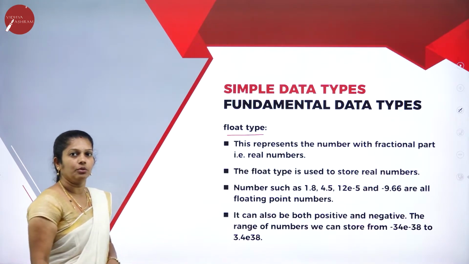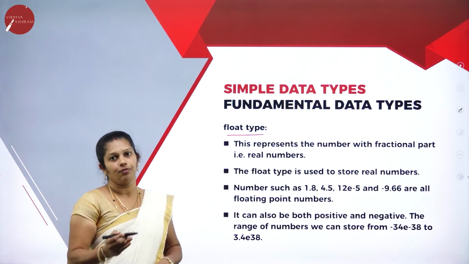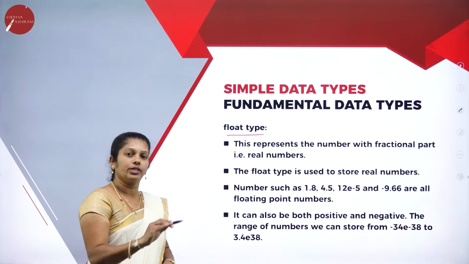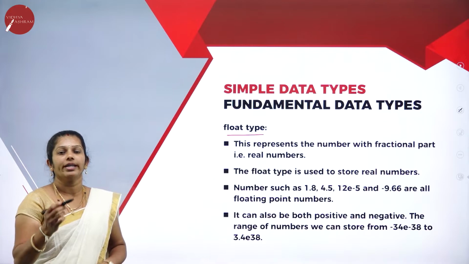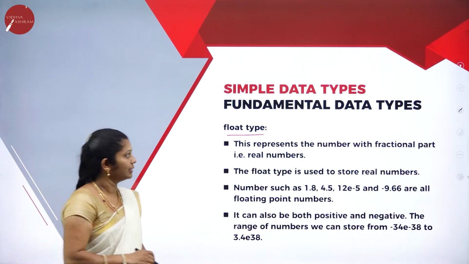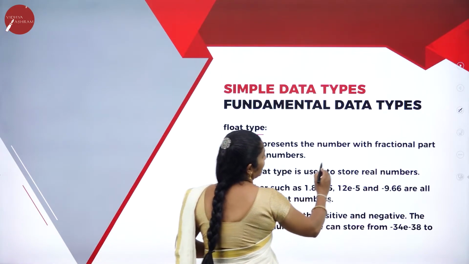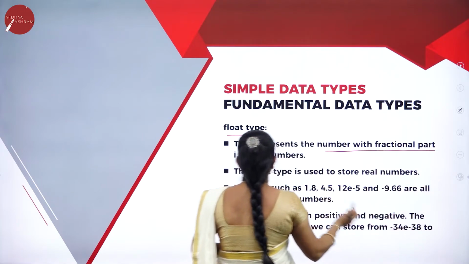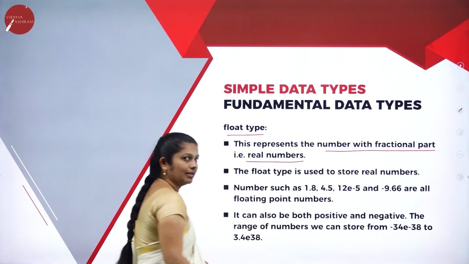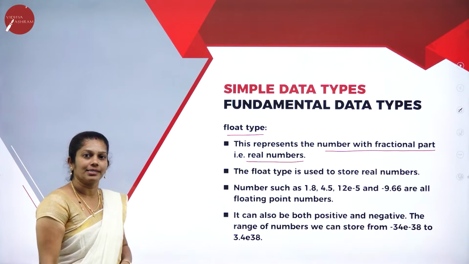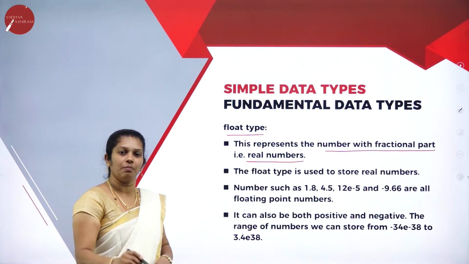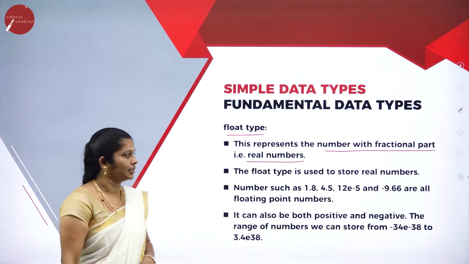You already know the difference between integer and float. In integer, we do not have any fractional part, whereas in float, we have a fractional part. This represents a number with a fractional part, that is, real numbers. The fractional part may be 0 or any number.